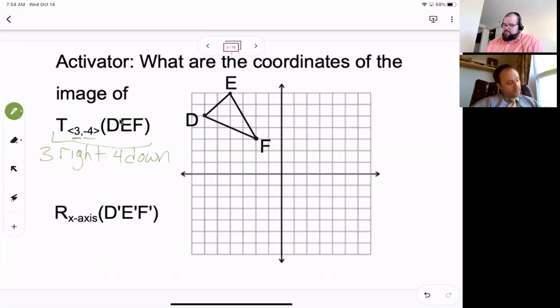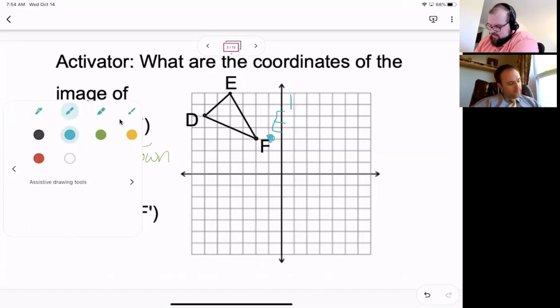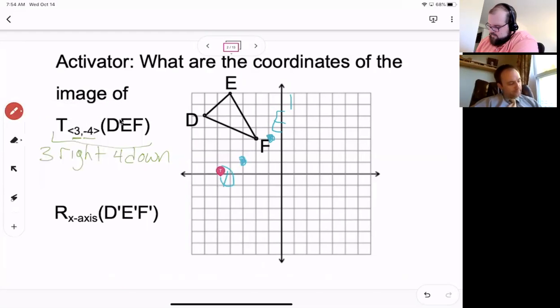So 3 to the right, 4 down, 1, 2, 3, 4. I say that E winds up right there. I like it. D, 1, 2, 3, 1, 2, 3, 4 winds up over here. And F, cool. 1, 2, 3, 1, 2, 3, 4 is right there.